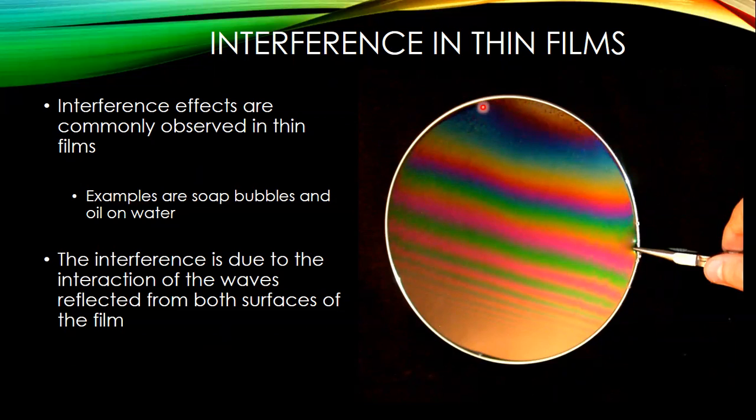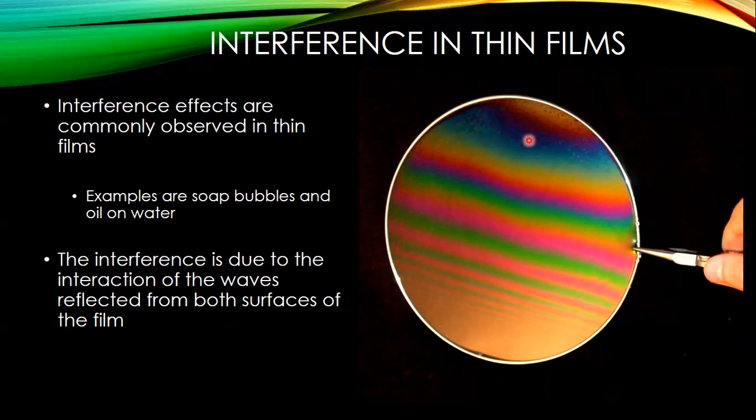The reason why this happens is the light reflecting off the front surface and the light reflecting off the back surface are experiencing interference. For the blue light, this is thin enough where the blue light is going to experience constructive interference. All the other colors are experiencing destructive interference.